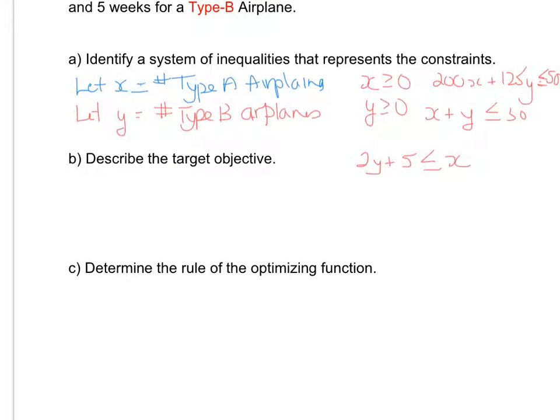What is our target objective? They can't exceed 5 billion, so they want to minimize costs. They want to minimize production time. That's their goal. It takes 3 weeks to build a type A airplane and 5 weeks for a type B airplane.